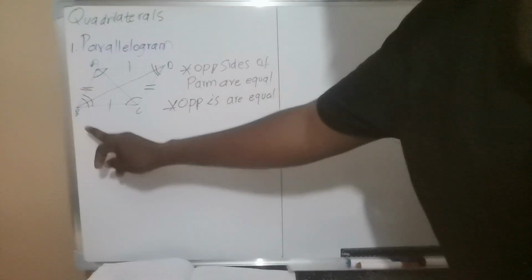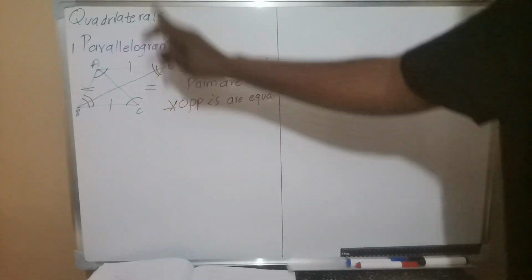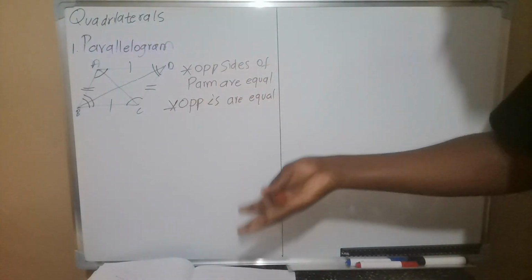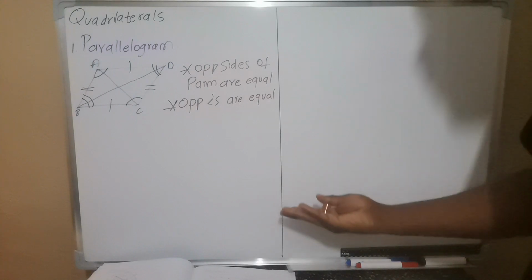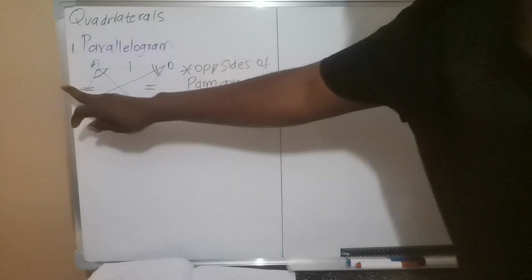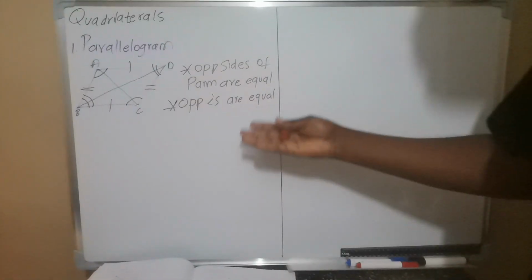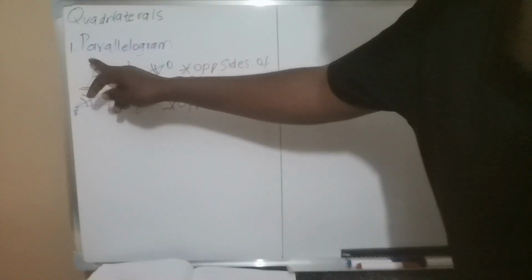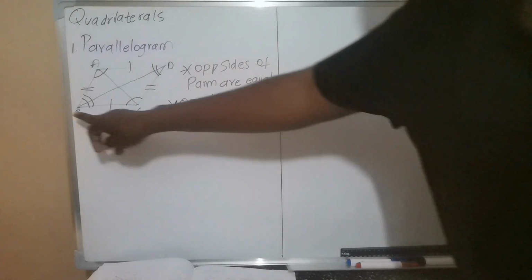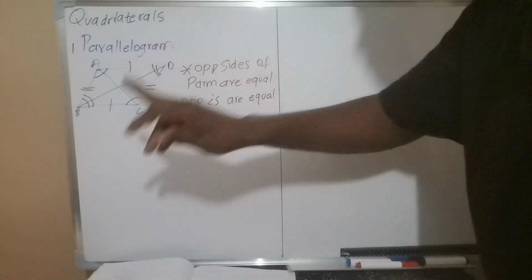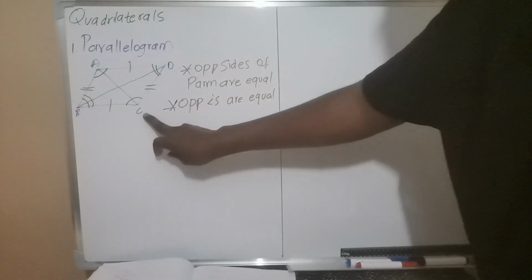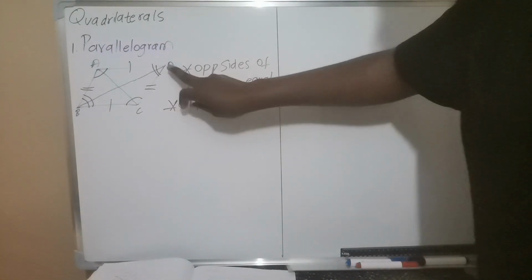On B you have 2 arrows, and on D we have 2 arrows. This means only angle A is equal to angle C and only angle B is equal to angle D. Angle B cannot be equal to angle C and angle A cannot be equal to angle D.